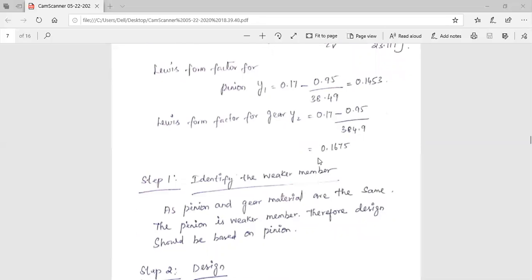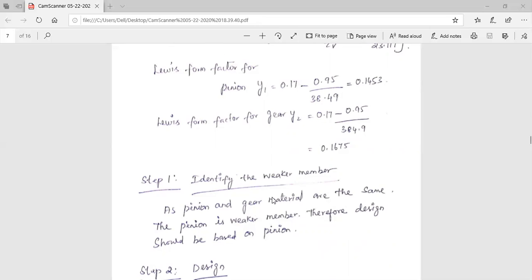Step 1, identify the weaker member. If both materials are given with the same value, that is the same material, as in this problem where pinion and gear material are the same, you consider the pinion as the weaker member.